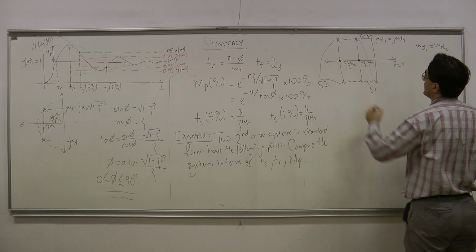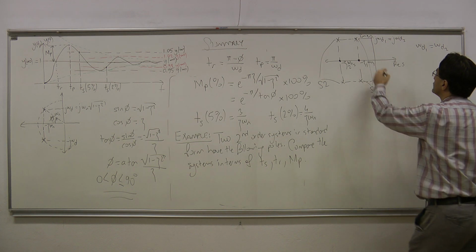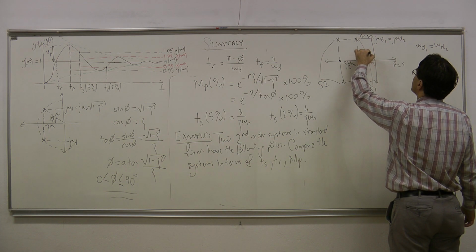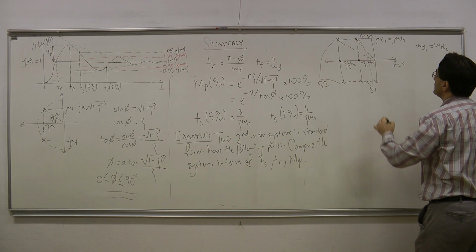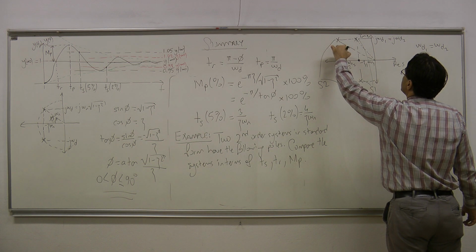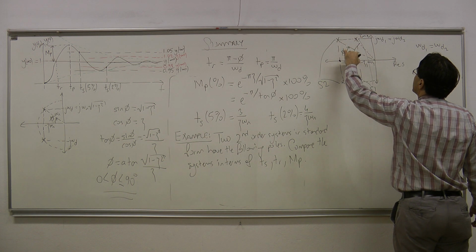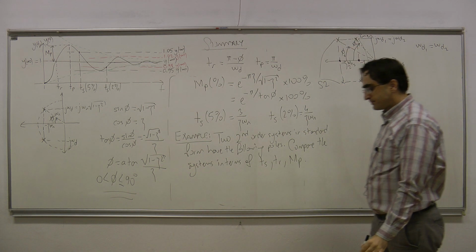And here, this point is minus psi 2 omega n2. Okay? If I draw these angles, which are going to be important, I can draw them like this. So this is the angle of the second system, phi 2. This is the angle of the first system, phi 1. All right?